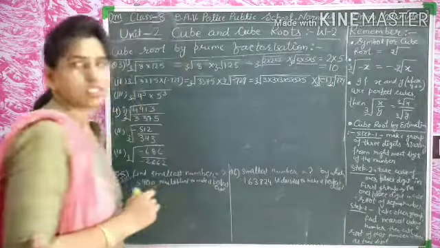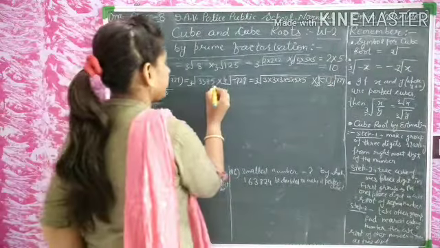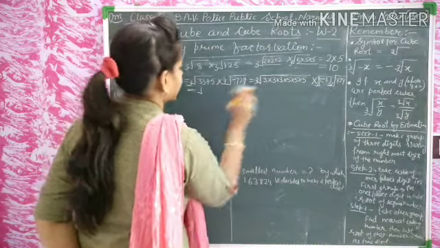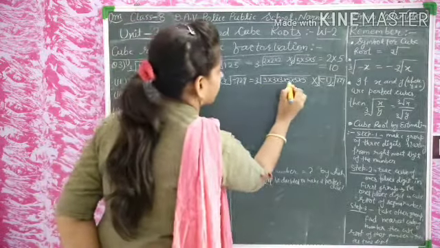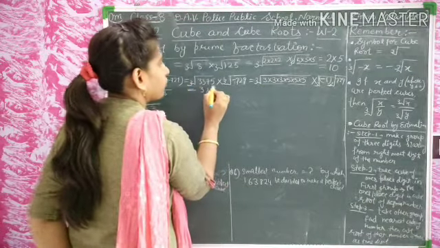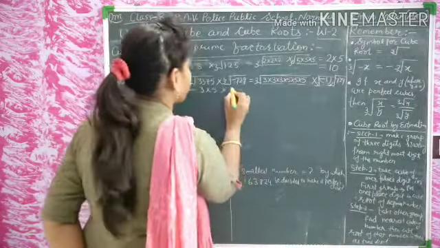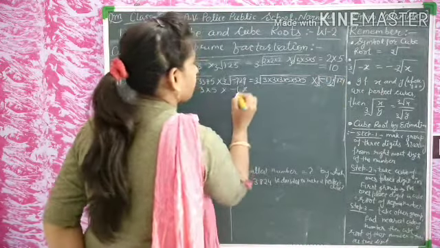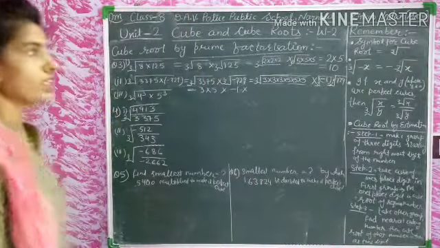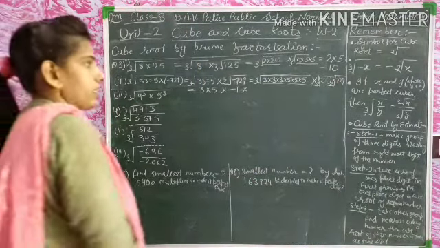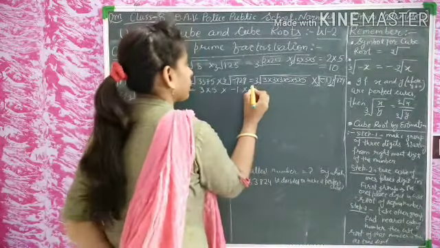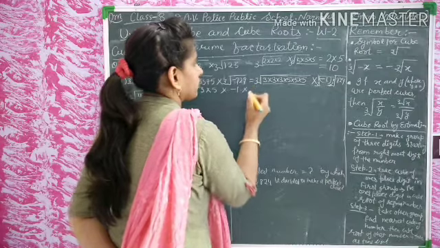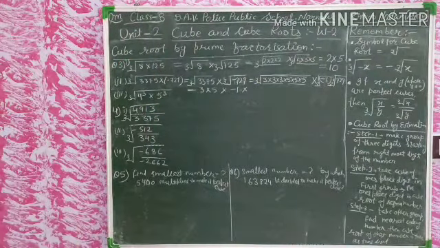Now this is written again as the cube root of this is equal to, taking triplets here, 3 into 5 into the cube root of minus 1 into the cube root of 729. The cube root of 729 is 9.